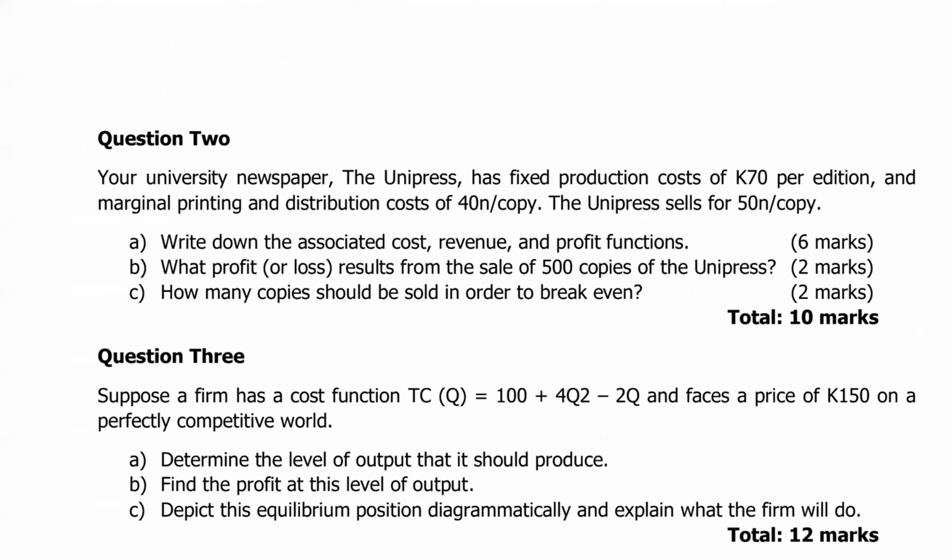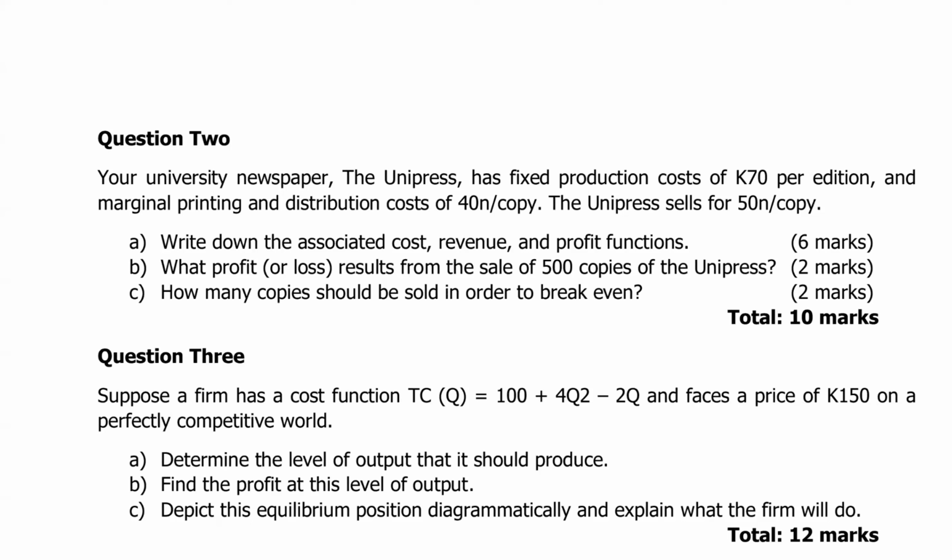Your university newspaper, the Unipress, has a fixed production cost of 70 kwacha per edition, and a marginal printing and distribution cost of 40 ngwe per copy.